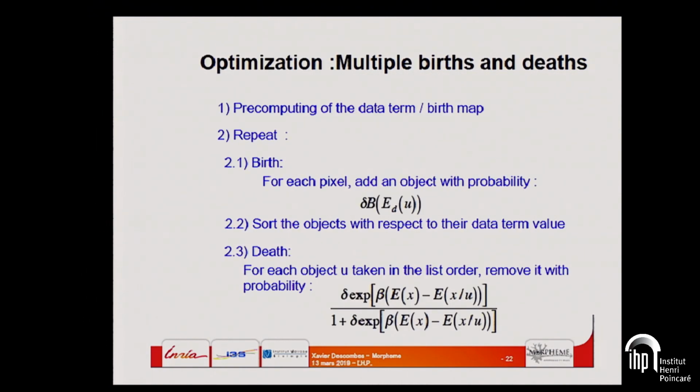One possibility is that we have generalized the Langevin dynamics in the same way as from MCMC you go to RJ-MCMC. Here we begin from the Langevin dynamics, and we include some kernels to add and to remove objects. So there are two parts.